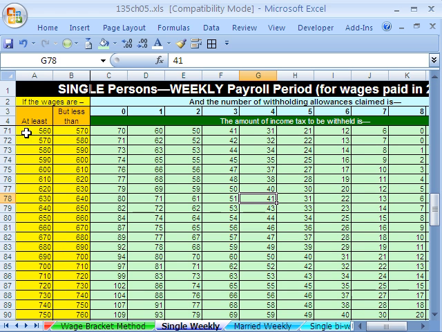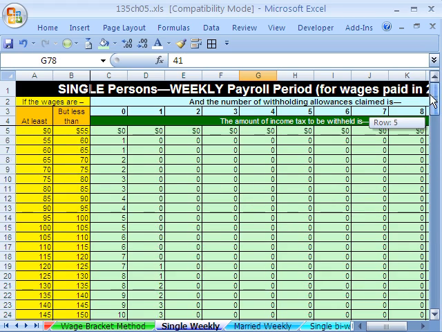Now notice this says at least but less than. That means, and by the way, you can scroll up and down. This is a huge table, right? At least $60, but less than 65. Notice this is English. If you just stop a moment and read it carefully, you won't get confused. At least 65 means the smallest amount your paycheck can be is $65, right?